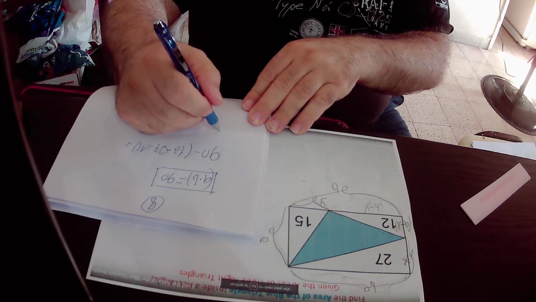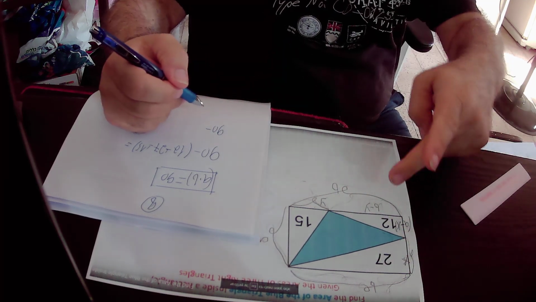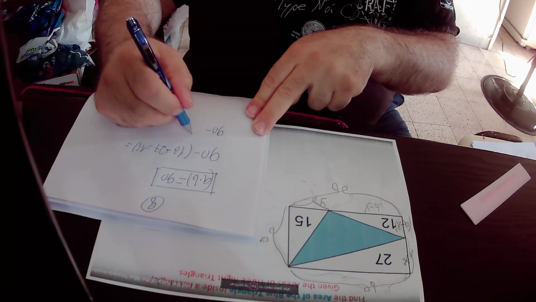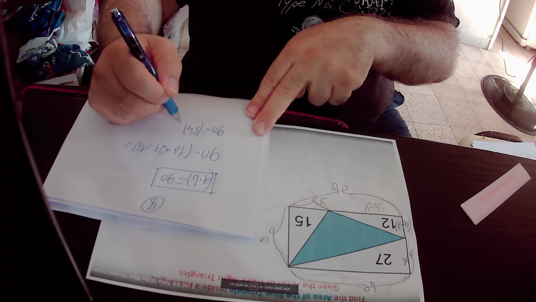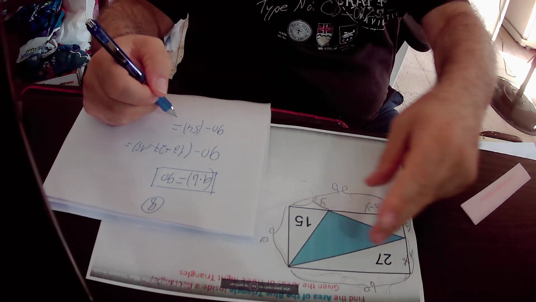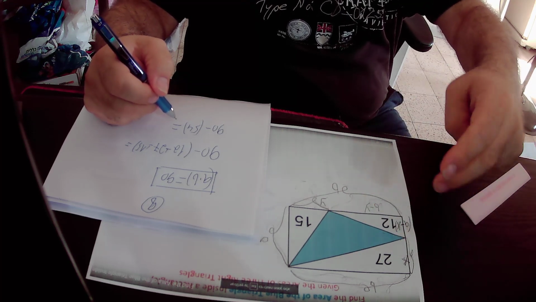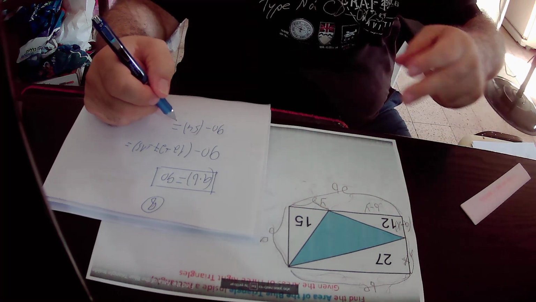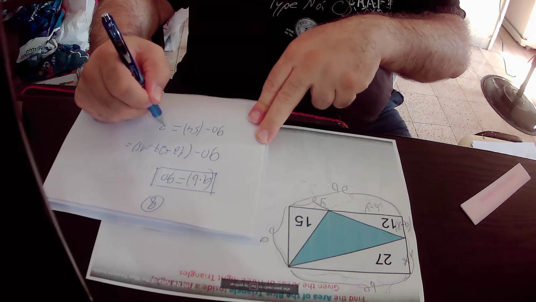That is, 12 plus 27 plus 15 equals 54 units, so 90 units minus 54 units equals 36 units.